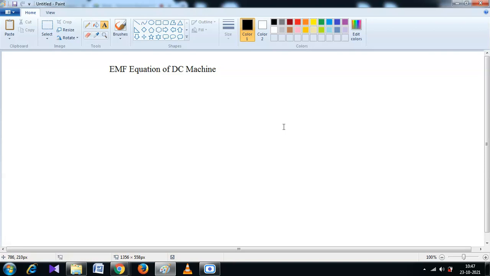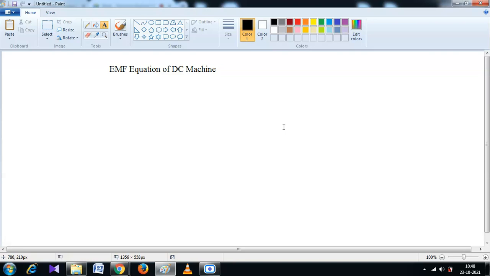And if the conductor is closed, then a current will flow through that conductor. That means if we want to create an EMF on a conductor, we need a varying magnetic field which cuts the conductor. So an EMF will be produced on that conductor.